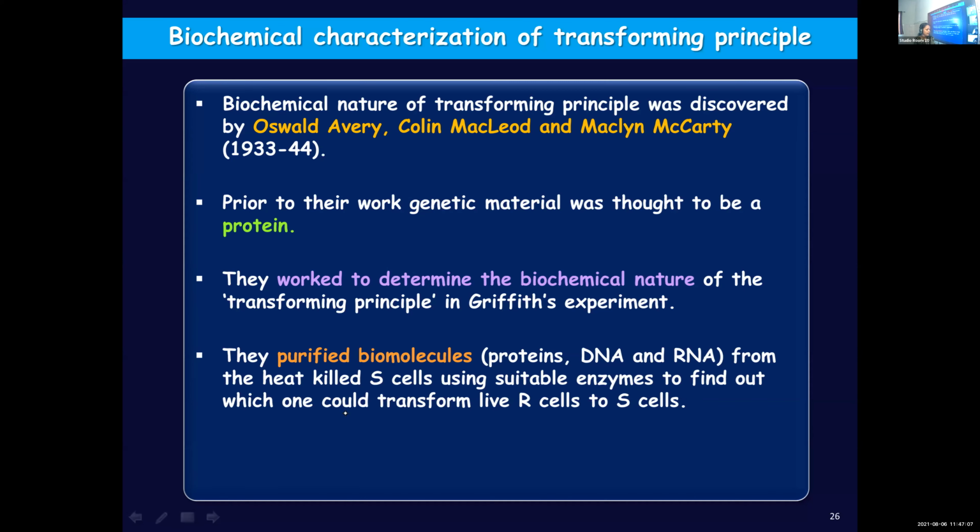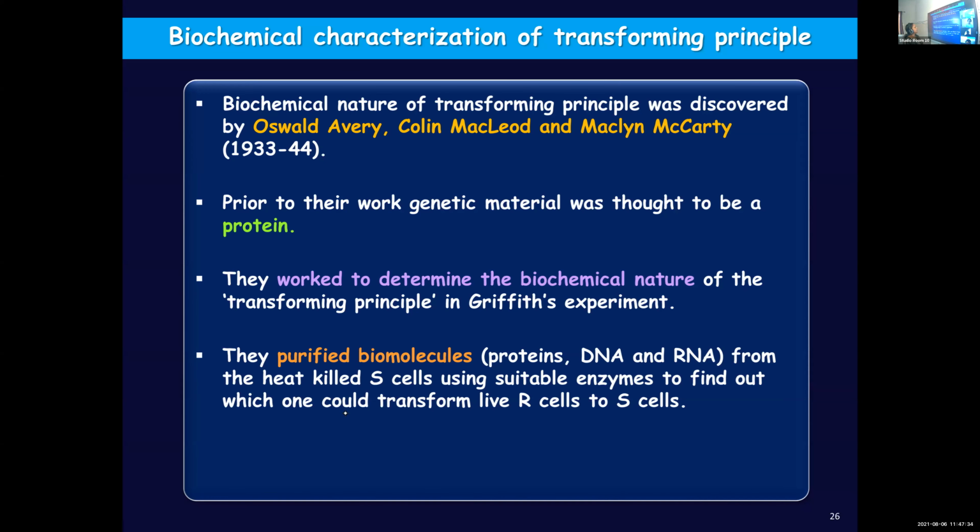Once again, Frederick Griffith could not give a proper explanation for the biochemical nature of the transforming principle. What is the significance of the transforming principle? It is this transforming principle or genetic material which transformed the R strain bacteria into living S strain bacteria.